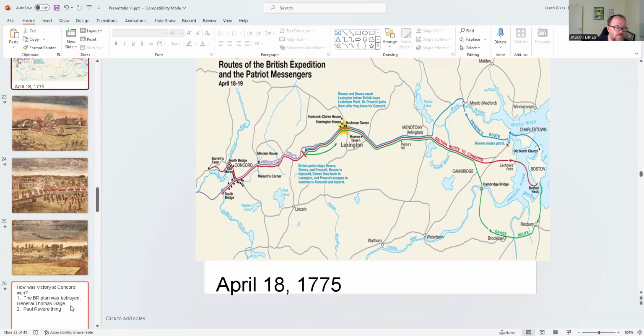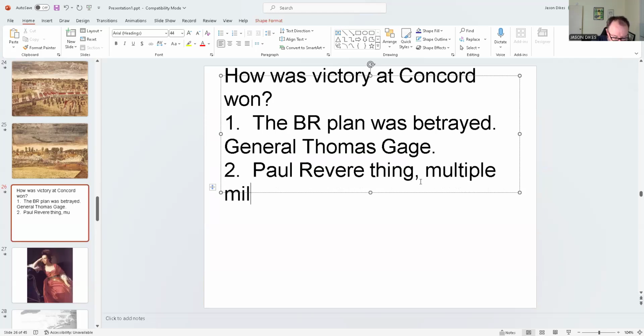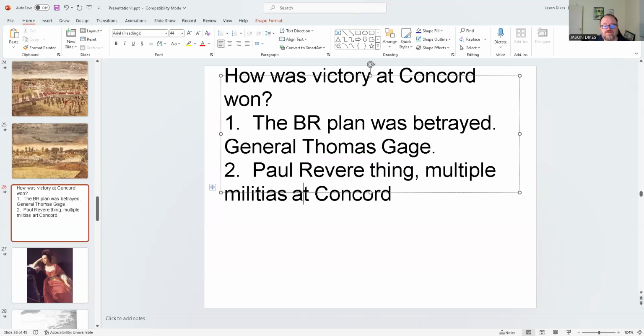So that leads to multiple militias at Concord by the time the British finally showed up in the mid-afternoon. So a lot of things working against the British, a stunning victory for the Americans. Holy crap.